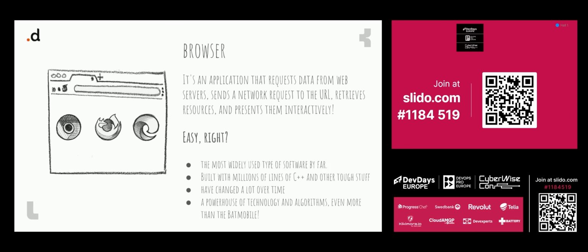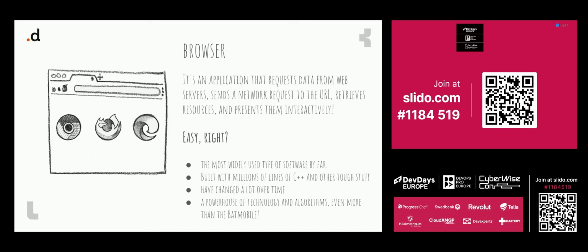A browser is one of the most used software because everything is web-based today, and they are built with millions of lines of C++ or hardcore languages, and that is not good news.